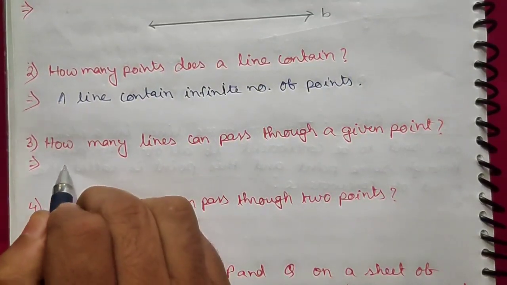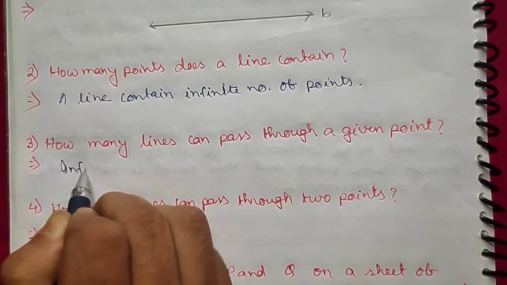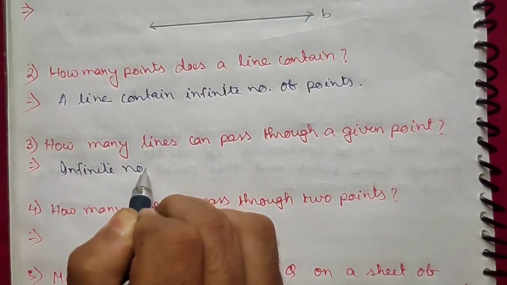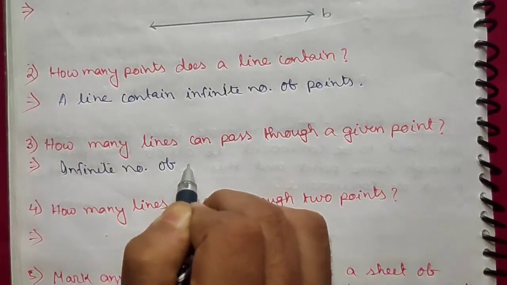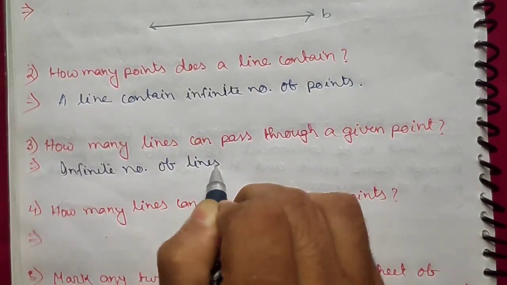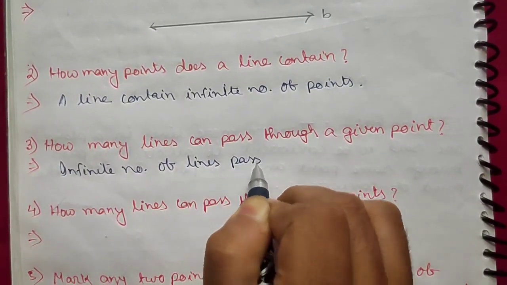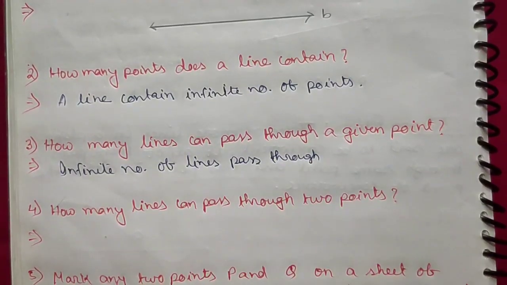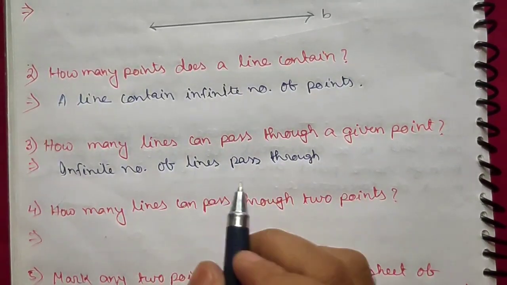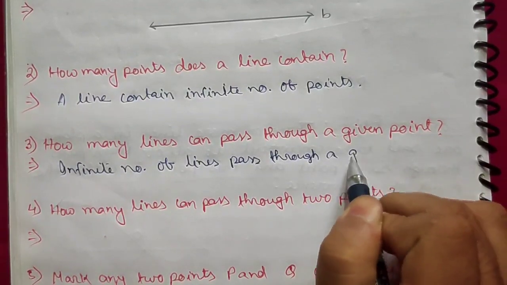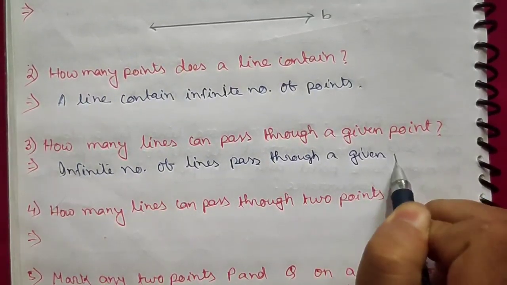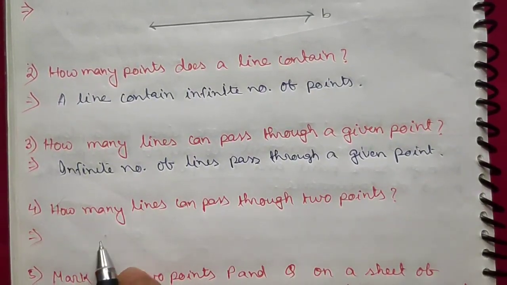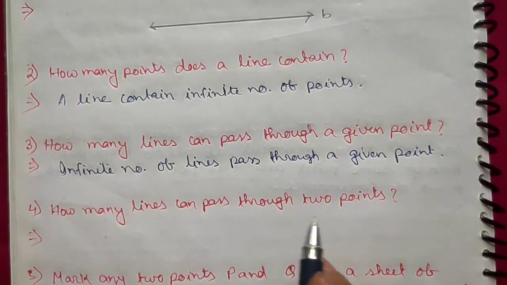So we'll write: infinite number of lines pass through a given point.